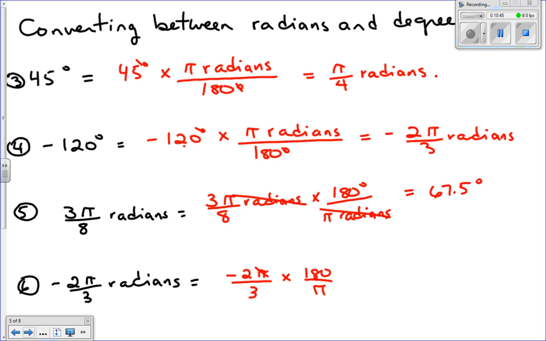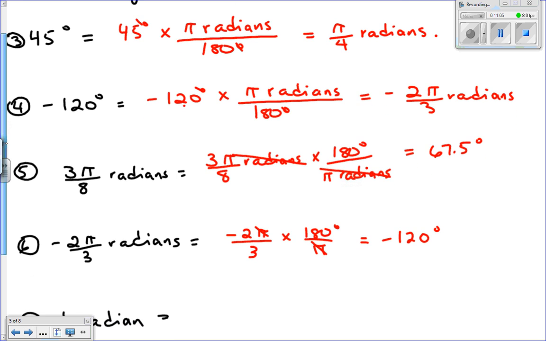So my pi's cancel out, and I've got the 3 goes into the 180 6 times, so I'm going to have 60 times, so negative 2 times 60, so negative 120 degrees. And I believe there's one more question down here.